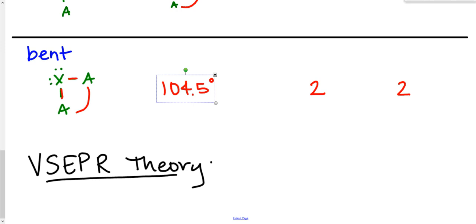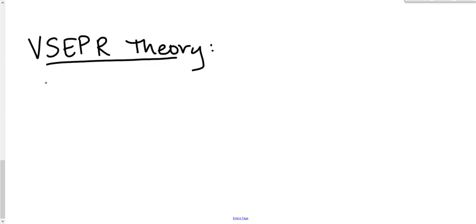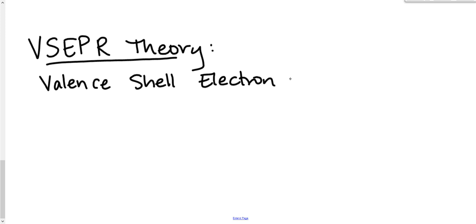All right, so VSEPR Theory. So this is an acronym, VSEPR. You can see they're all caps like that. And it stands for valence shell electron pair repulsion. So what this means is that the electrons are going to repel each other and be as far apart as possible.